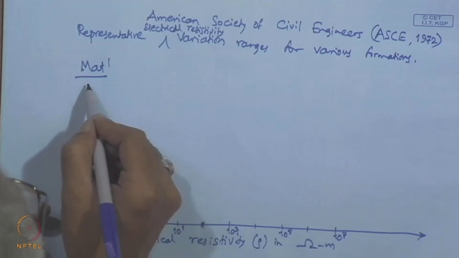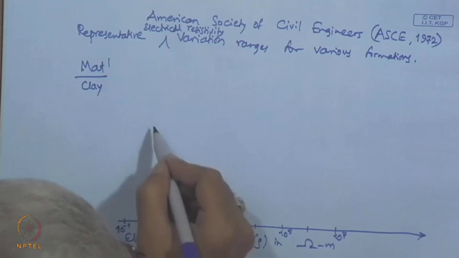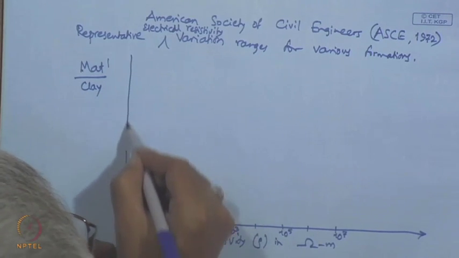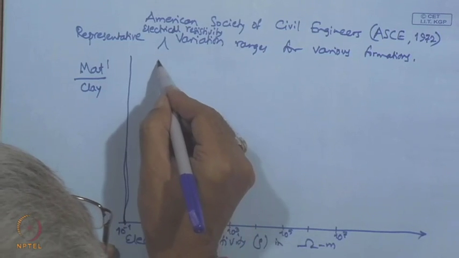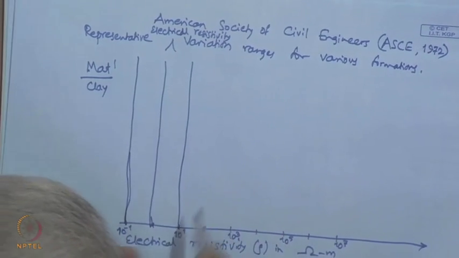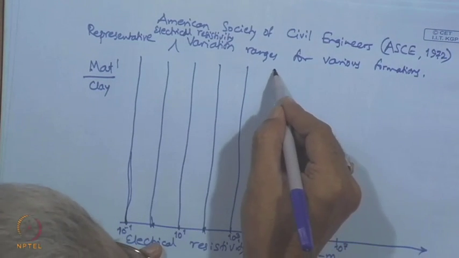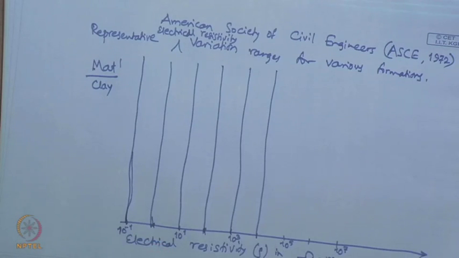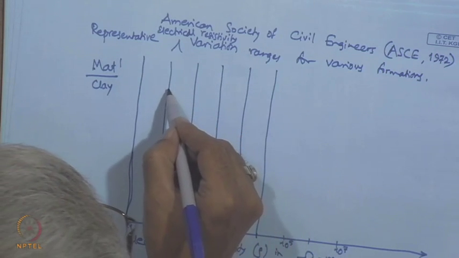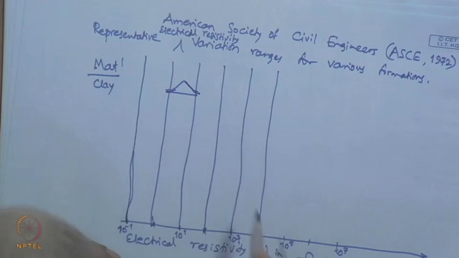We have clay, whose electrical resistivity varies in a more or less symmetrical variation, in the range of 10 to the power 0 to 10 to the power 1.